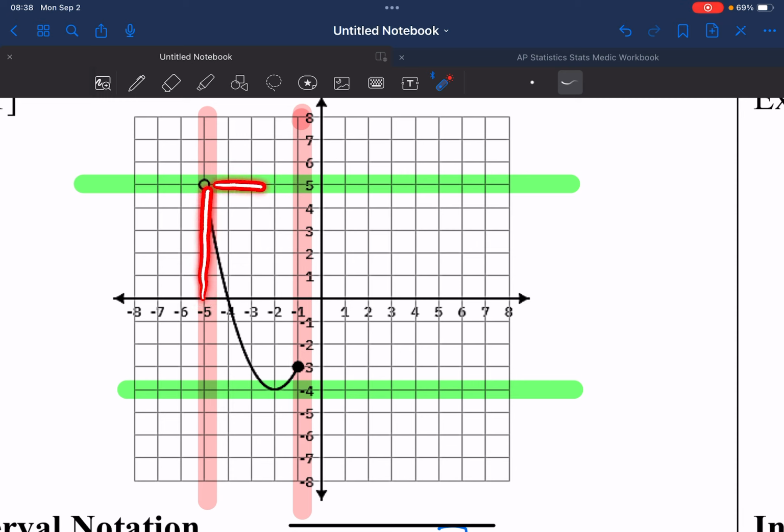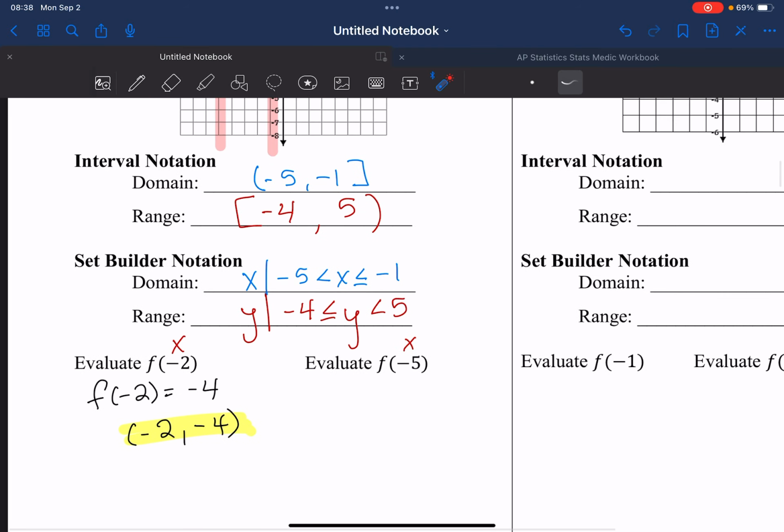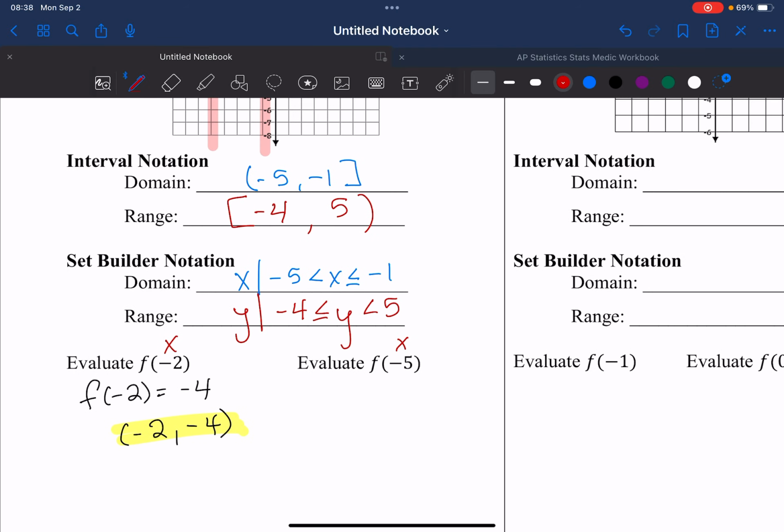So my answer is not including that 5. Since it's an open circle, my -5 does not exist. So down here, I would write f of -5 does not exist. DNE, does not exist. And that would be my answer.